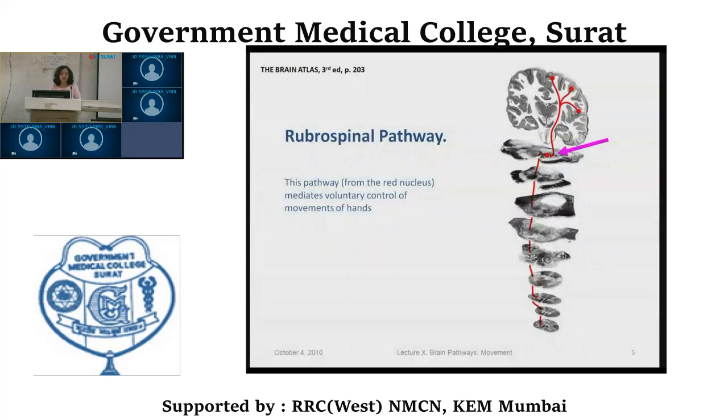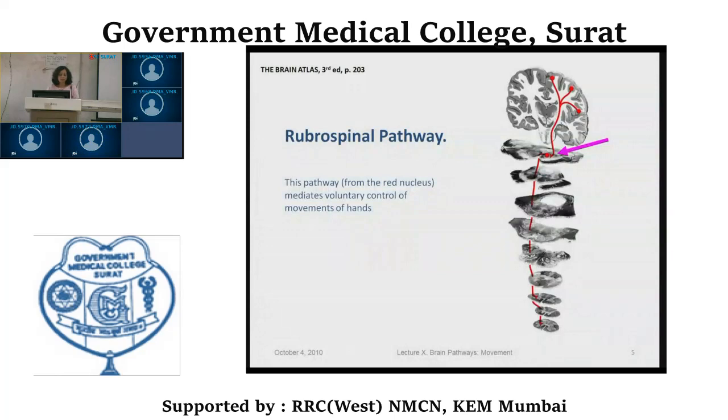The rubrospinal pathway arises from the red nucleus in the midbrain, and immediately the fibers arising cross over to the opposite side.